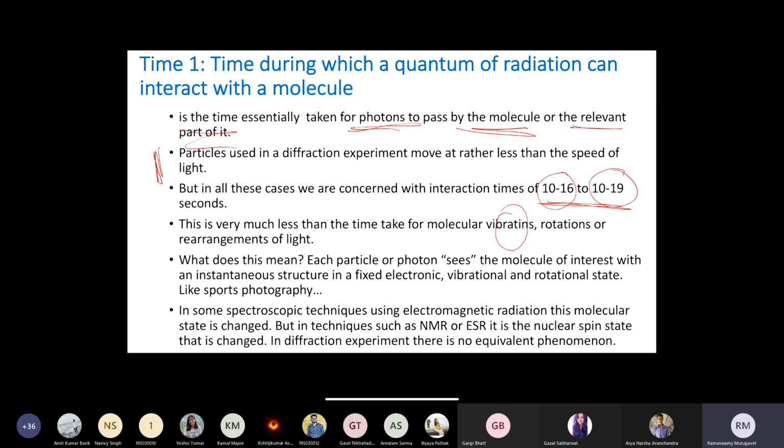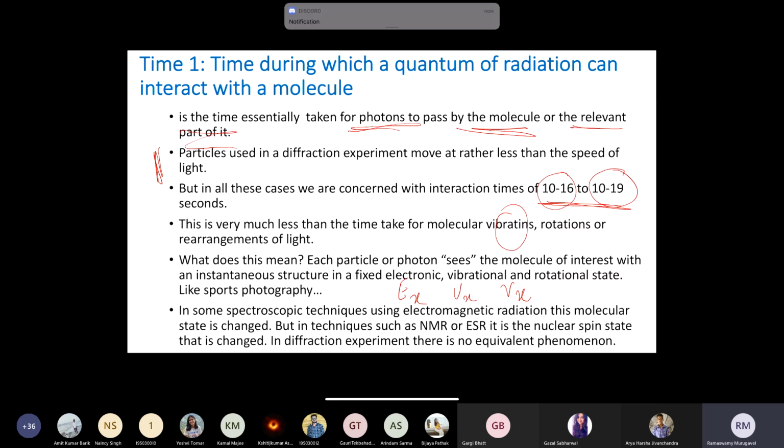These are three coordinates: Ex, Vx, and Rx. Electronic state, vibronic state, and rotational state. So these three states are the addresses, the coordinates of the molecule at that point of time. This is what you're really going to image, either in X-ray or any other spectroscopy technique.